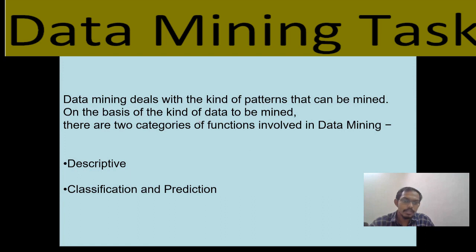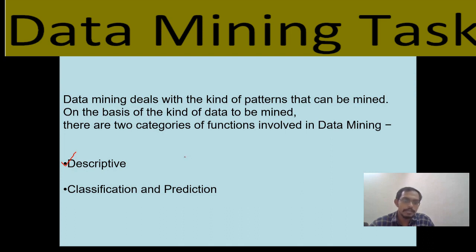Here we have to discuss the data mining details. Data mining deals with pattern recognition, and also with the kind of data which is mined. Basically, they are in two categories. First is the descriptive. Whatever data we have to store, we store in a descriptive manner. That means we use tables.